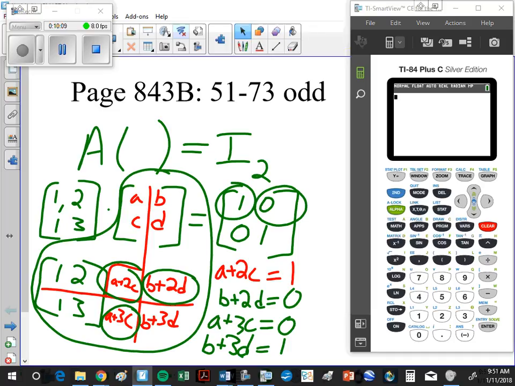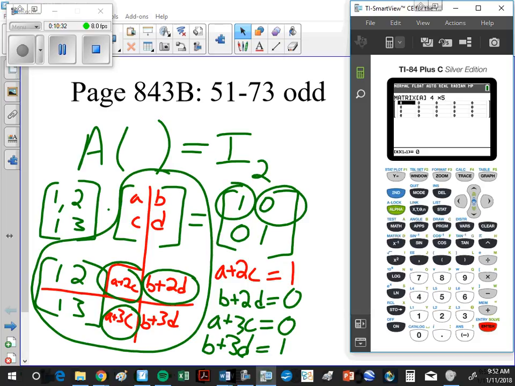So I'm going to go into second matrix, go over to edit. Oops, not determinant. That's not what I want. Edit. And this is a 4x5. Okay, what goes in my first row? Good.